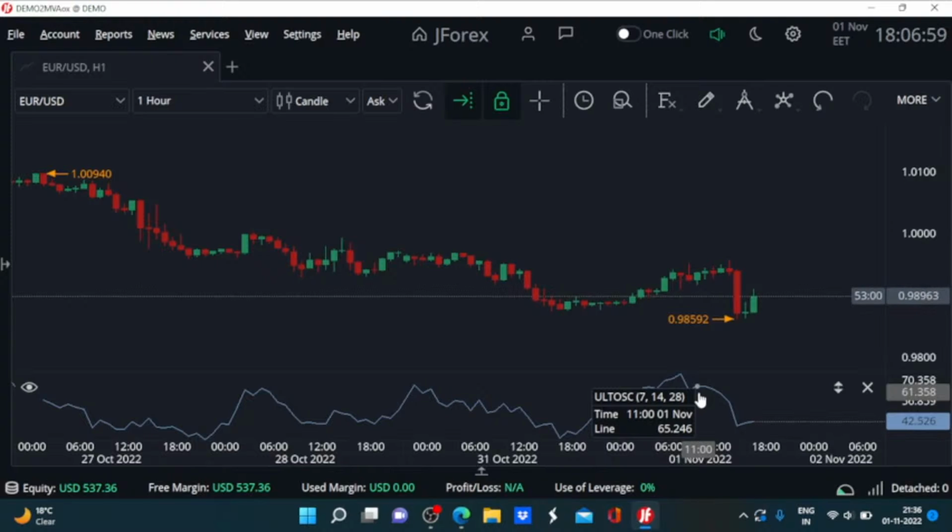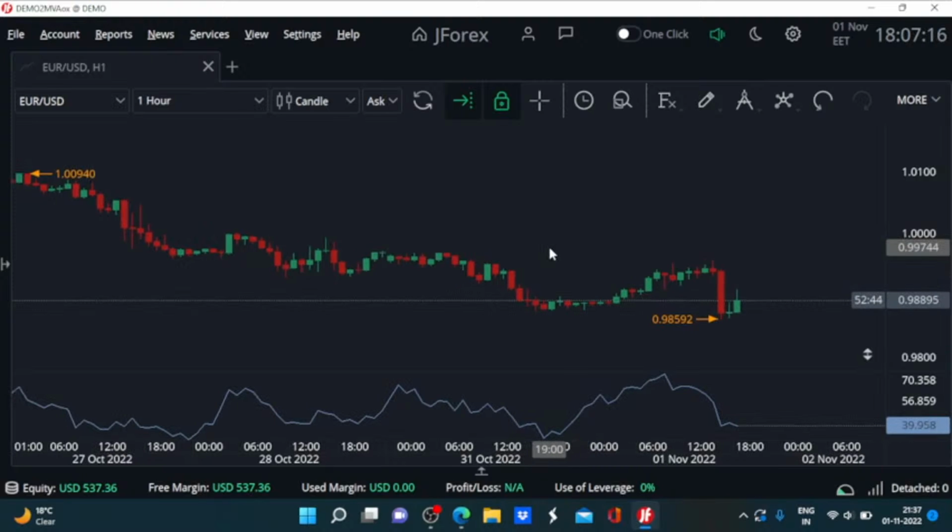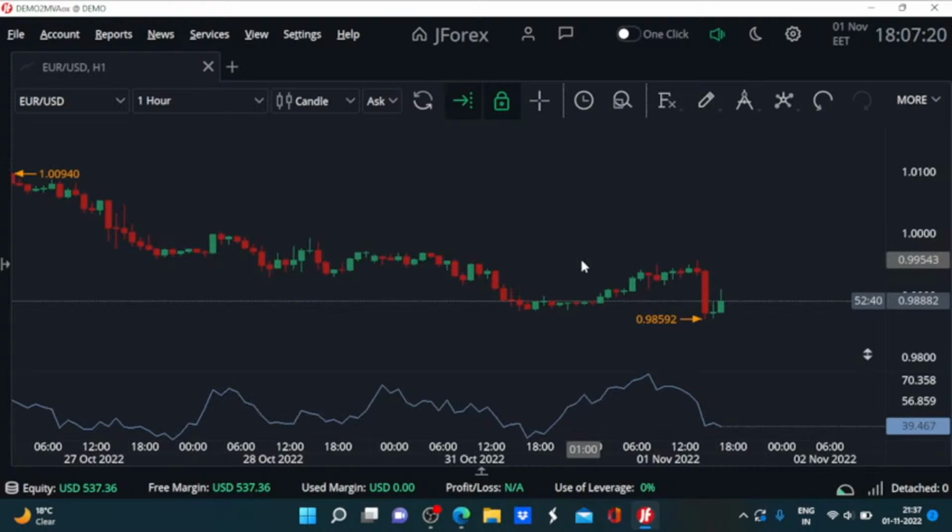So that's how we arrive at this ultimate oscillator. As I am not able to include the exact formula here, it might sound a bit complicated for you, but it is not. For getting to know the exact formula, you can simply do a quick search on the internet and you will get it.